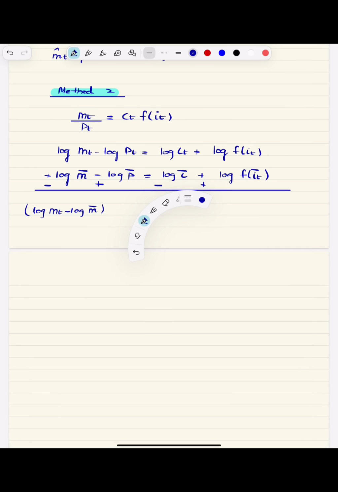And then we have a minus log pt minus log p bar. Then we have a log ct minus log c bar.